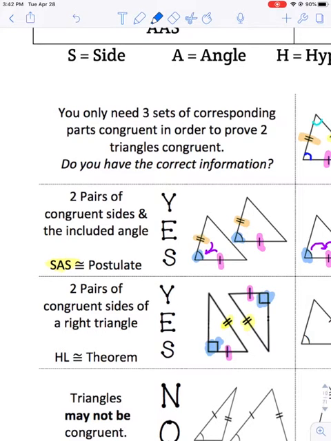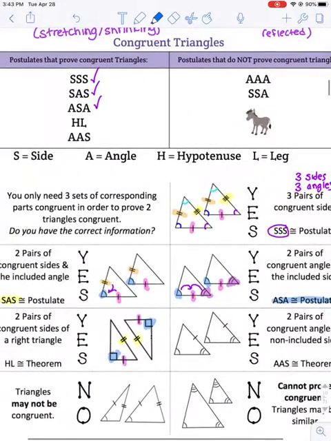We also have the right angle that by definition must match too, because right angles are always 90 degrees. So if there's a right triangle, and we have the hypotenuse and the leg, that's enough information to say that all 6 things are congruent. All 3 sides are congruent. All 3 angles are congruent. These 2 triangles are congruent. All right, that's hypotenuse leg.